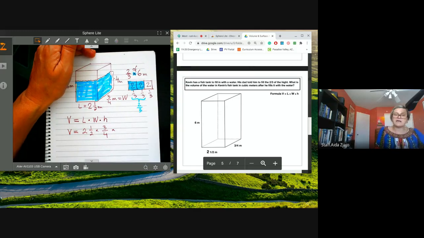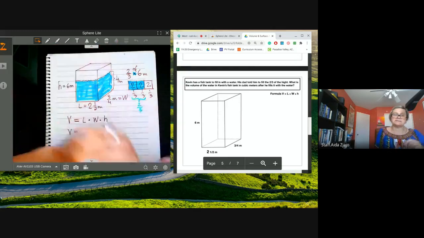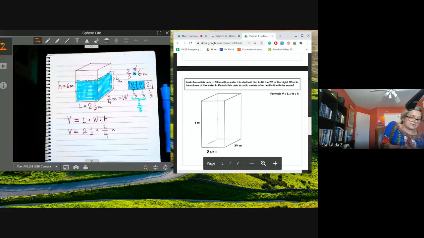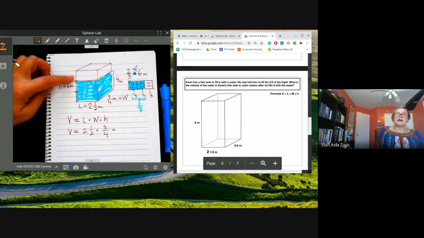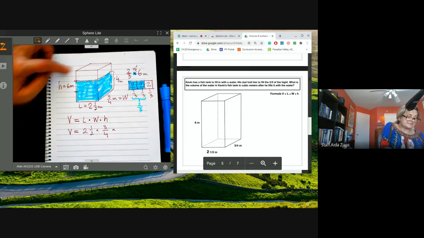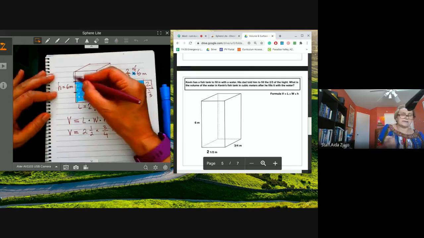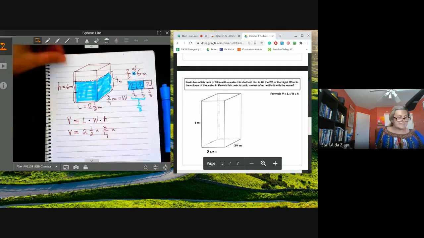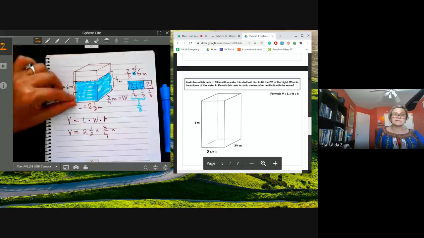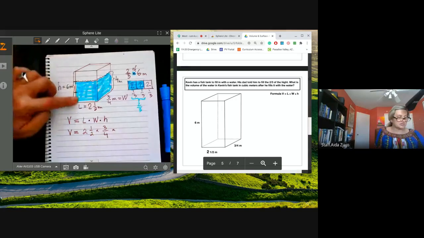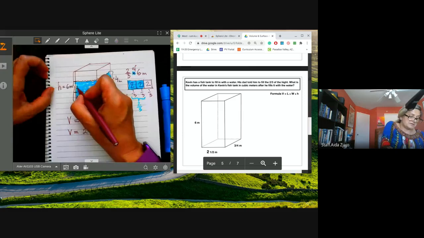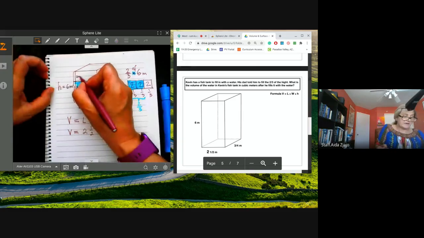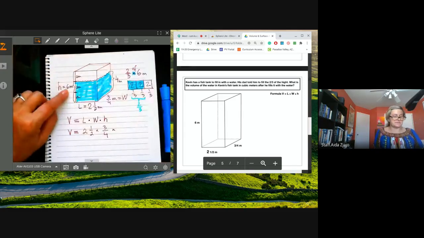If I cut the number 6 into 3 pieces, on the picture here, you can see the whole tank was 6 meters. When I cut it into 3 pieces, it would be 2 meters, 2 meters, and then 2 meters. That would make 6 meters.